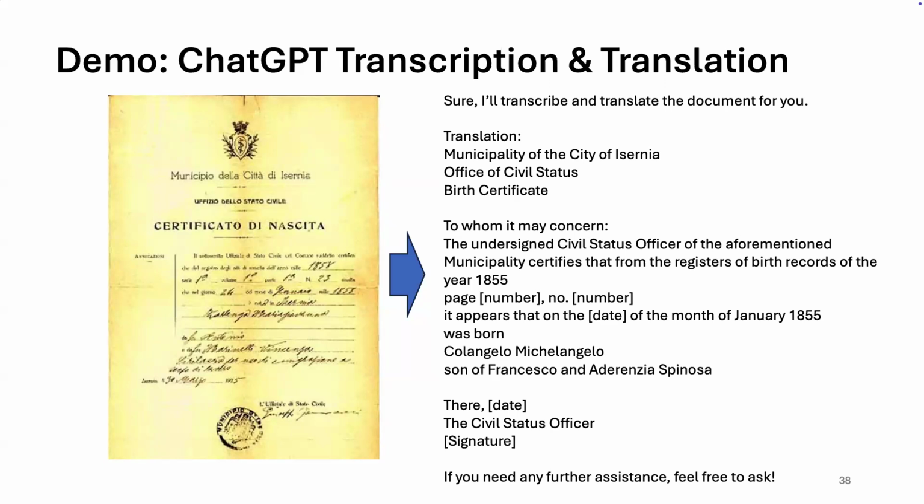So not only did it transcribe it into Italian text, but then it took that Italian text and translated it into English, which is crazy. If you look at this and compare it with that, it's square on. You've got the municipality of the city of Isernia.